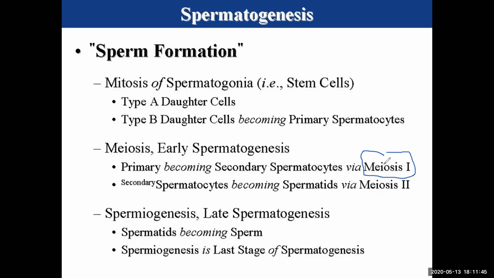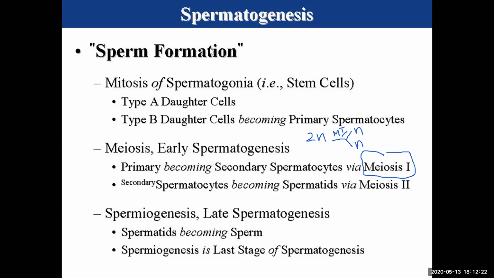When you go through meiosis, you start with a diploid parental cell. You're going to generate two haploid daughter cells. And this is through meiosis 1, M1. Okay.